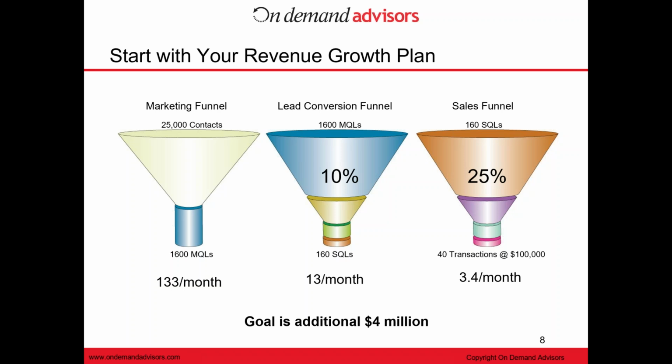And by the way, you can look at these metrics that we put together, and we actually will help you create these for your company. You can look at them on an industry basis. You can look at these on a solution basis. Let's say you have, like one of our customers, Technical Toolboxes, 12 different solutions. So we may have a set of funnels here for each solution set that they provide.